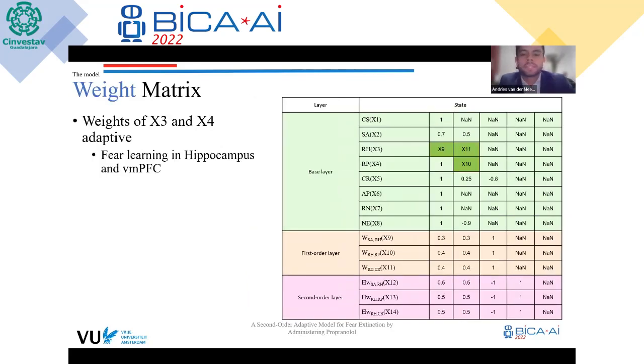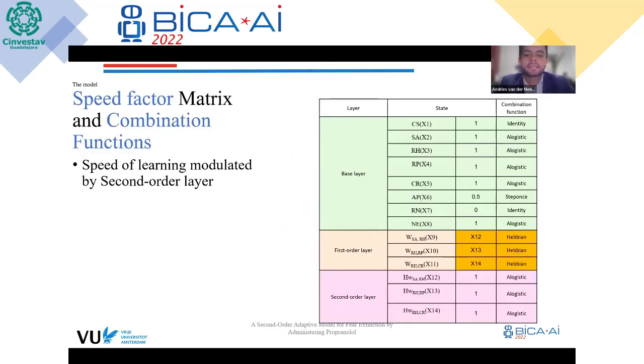And the weight matrix, which influences the learning of the hippocampus and the prefrontal cortex, is affected by the first order layer, like I just said. And as we recall, the first order layer has Hebbian learning.